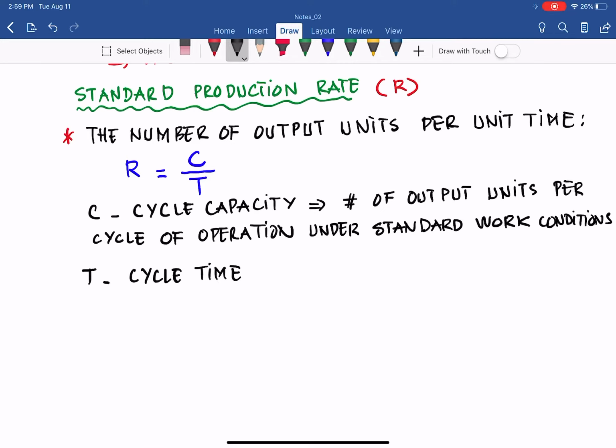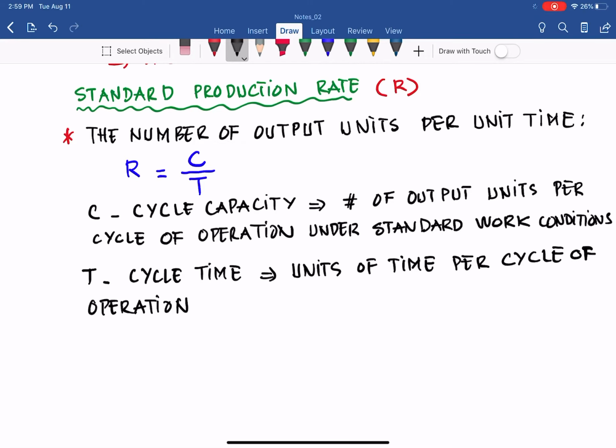By definition, that is the unit of time per cycle of operation: how many hours, how many minutes you take to repeat the same process per cycle of operation.